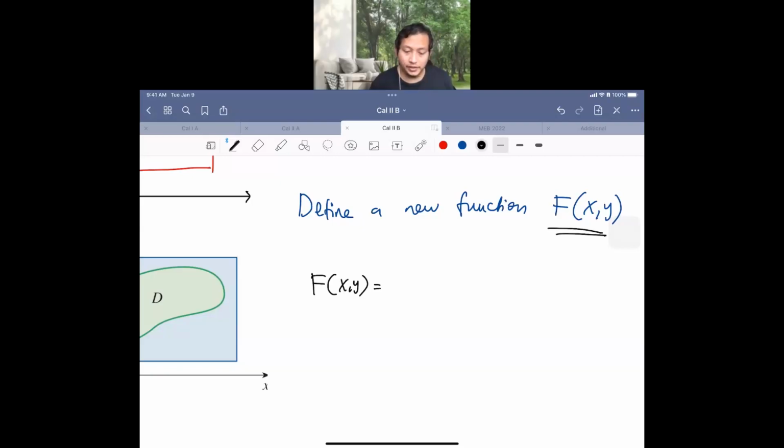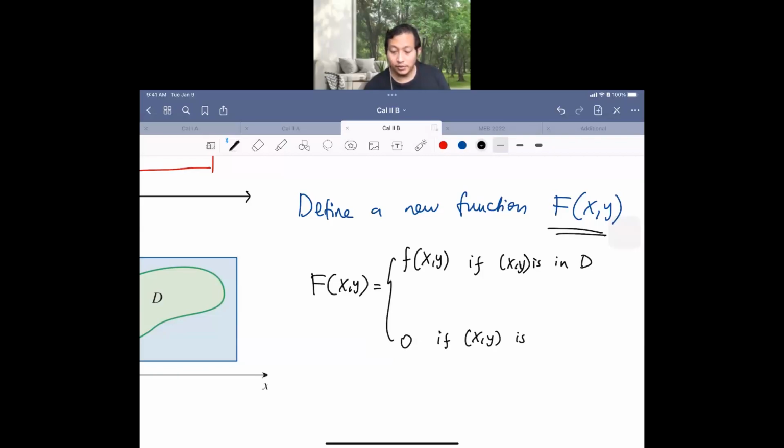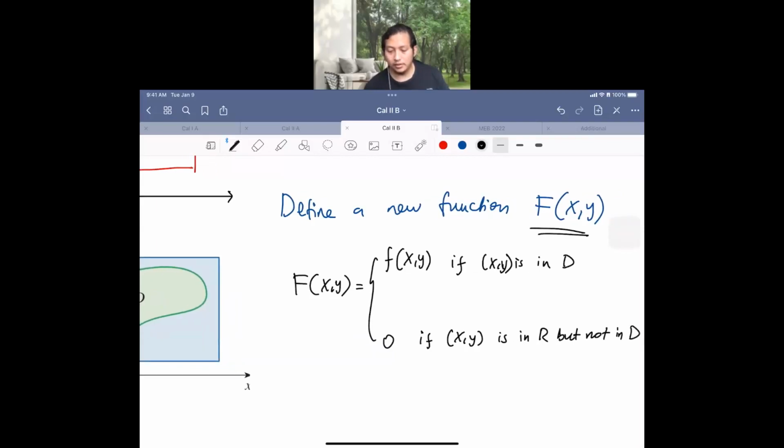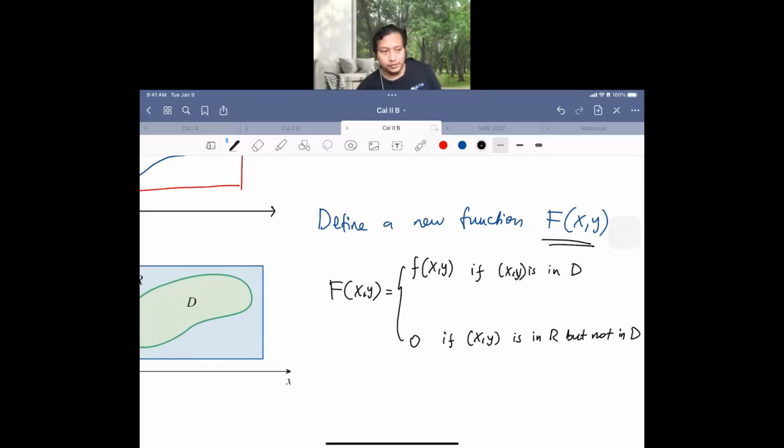First, F is the same as our original function when (x, y) is in the domain D, and F is equal to 0 if the point is in R but not in D.